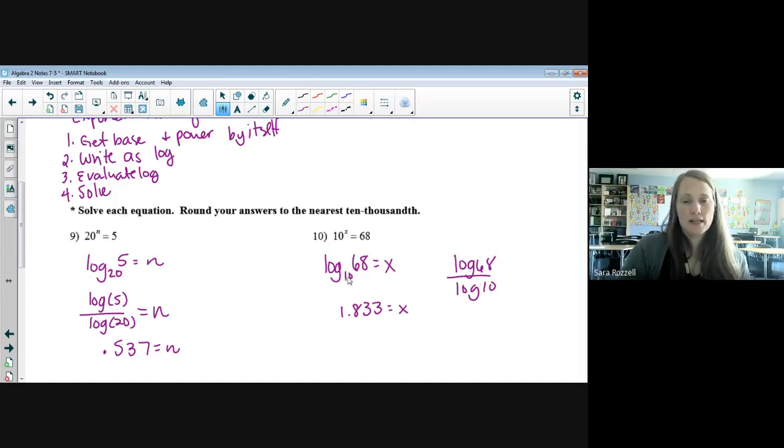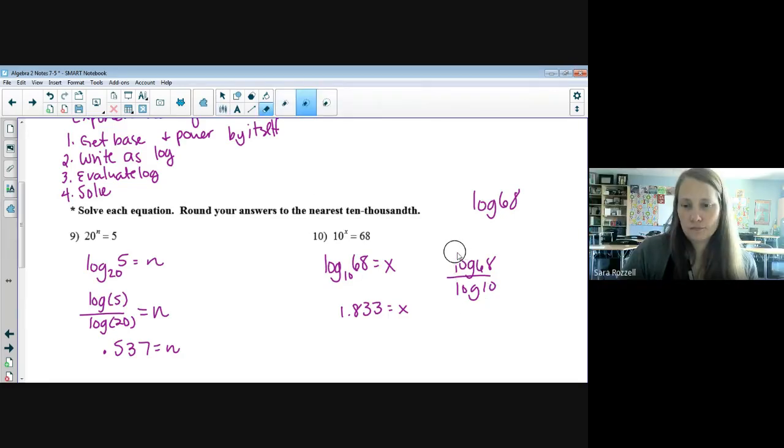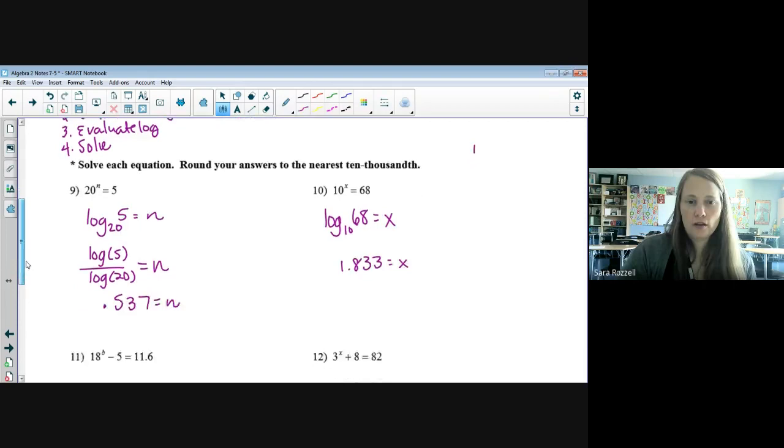But this is base 10, and base 10 is what the calculator has for the default base. It's the same as just doing this. So if you didn't want to do the dividing, if it was base 10, you could just type that in, but it's not going to mess it up because log base 10 is just 1. Okay. Thanks. But if you just want to stick to that every time, there's not going to be a problem. You'll get them right every time.